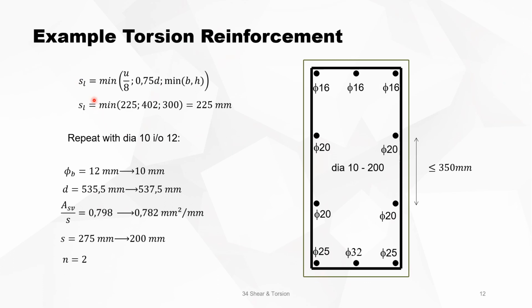We have seen the distance for the stirrups. We have seen that the maximum distance was 225, but now we had more than 225, so you have to repeat the calculations with a diameter 10 instead of 12 for the stirrups.